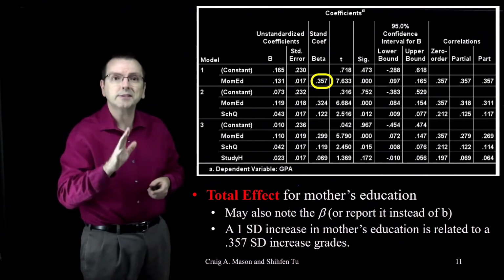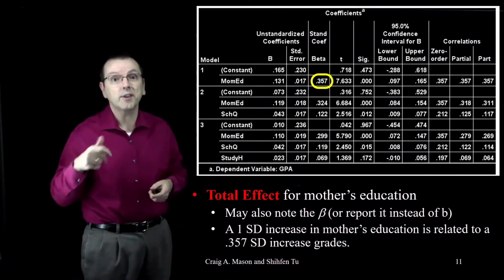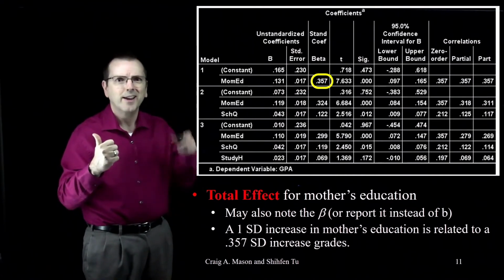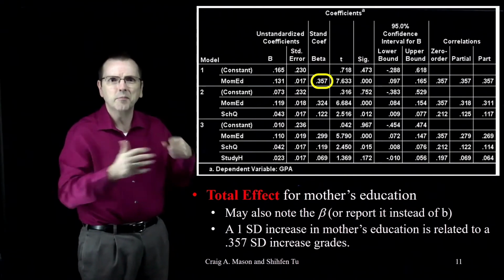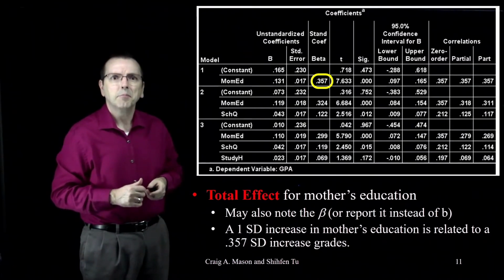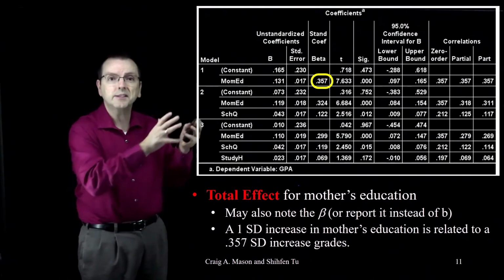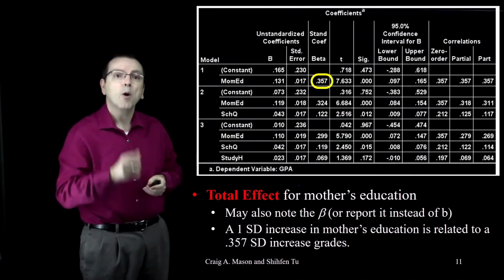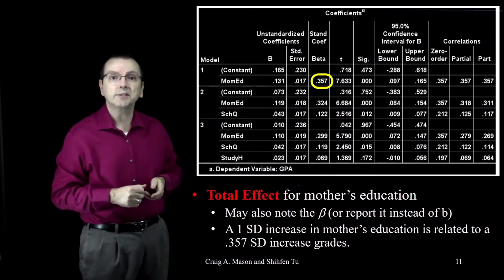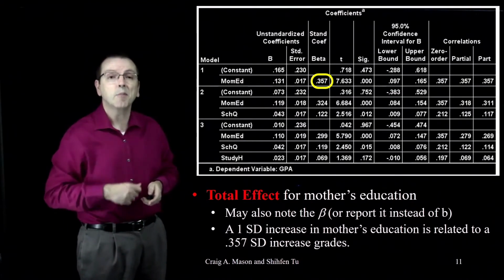Now, remember, it's the same t-test, so if you've reported the t and the p for the unstandardized coefficient, you don't need to repeat them if you're also reporting the standardized beta. But you may also want to interpret the standardized beta. In this case, it's telling you that a 1 standard deviation increase in mother's education is associated with a 0.357 standard deviation increase in grades based on model 1.